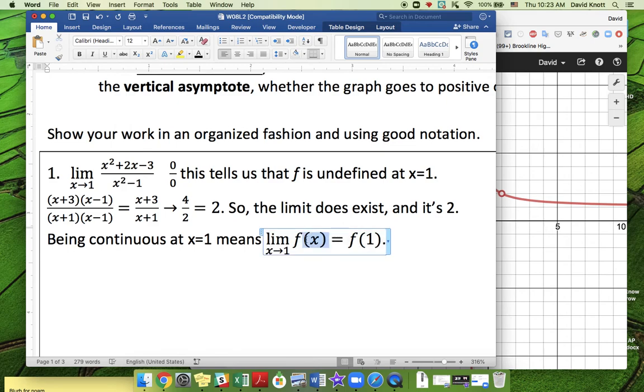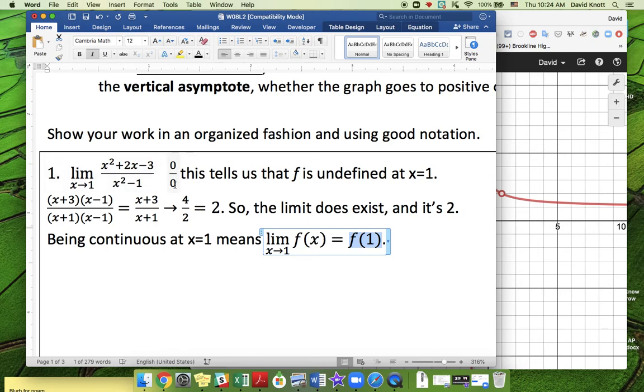First of all, this expression here has to be defined. The limit has to be defined, right? And in this case, it is. We just saw that the limit does exist. It's 2. Secondly, this expression has to be defined. In this case, that's not true. Remember what this is. This is the value of the function at 1. And if you plug in 1, you get 0 over 0.